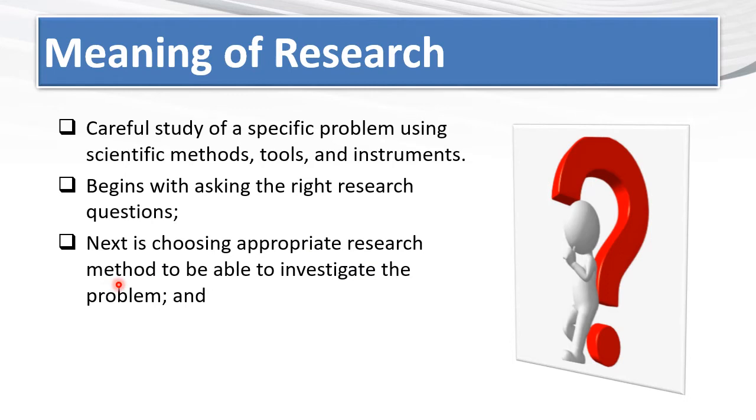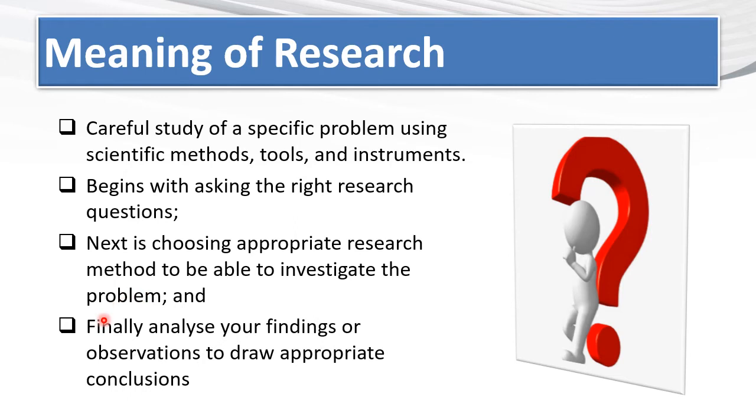Now, after you've carefully studied the specific problem, and you also asked the right question, you're going to move forward to choose the appropriate research method to be able to investigate the problem, and lastly you analyze your findings or observation, to which you will draw the appropriate conclusion.